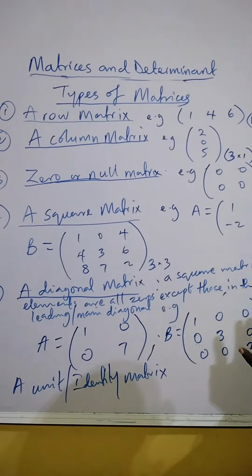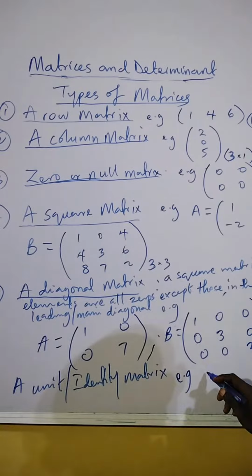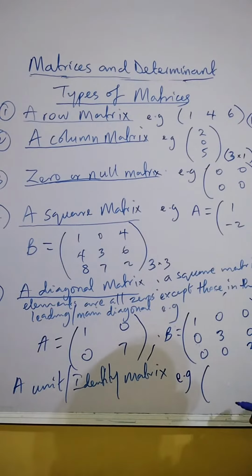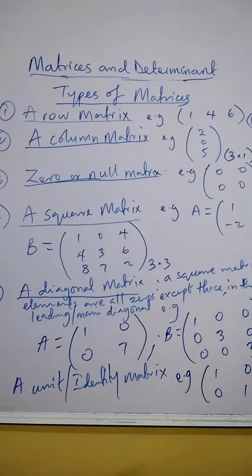So a unit matrix is a diagonal matrix whose elements in the leading diagonal are 1. For example, we can turn this one to a unit matrix and we say we have a unit matrix of 2 by 2. So that will be 1, 0, 0, 1. So the elements in the main diagonal here are 1. The same way we can turn this B now to a unit matrix. We just change everything in the leading diagonal here to 1. So this will be 1, 1, 1. So that's what they call a unit or identity matrix.